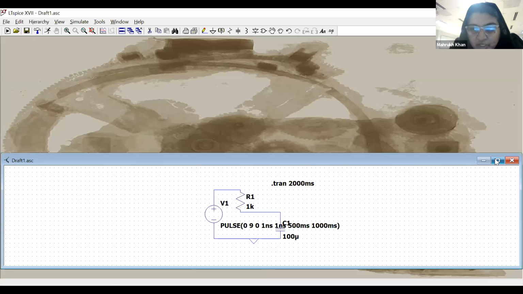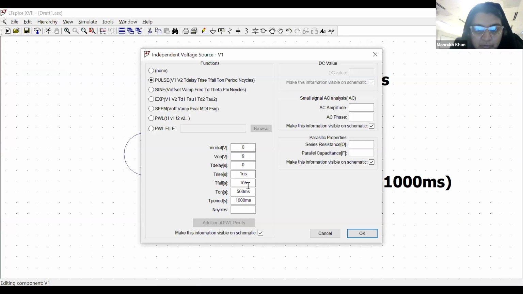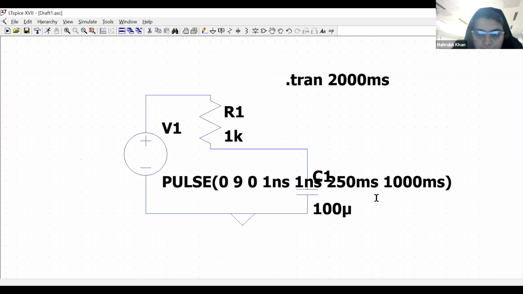Okay, but let me change the value to 250 milliseconds. What does this 250 milliseconds mean? What do you think should happen if I am reducing the time to charge? Maxwell?